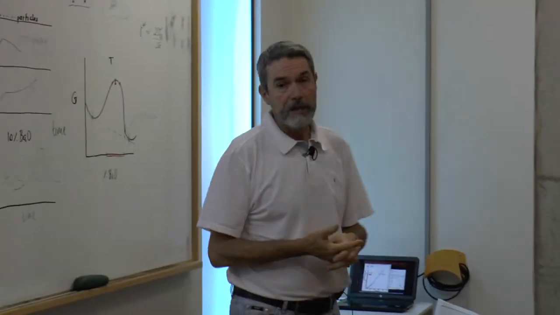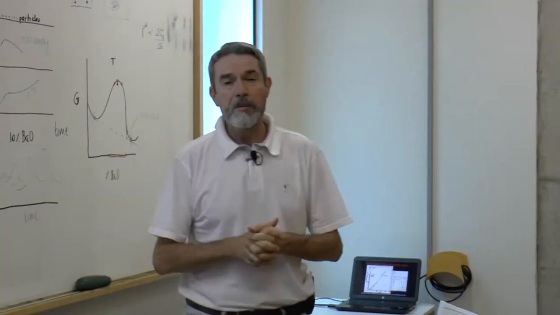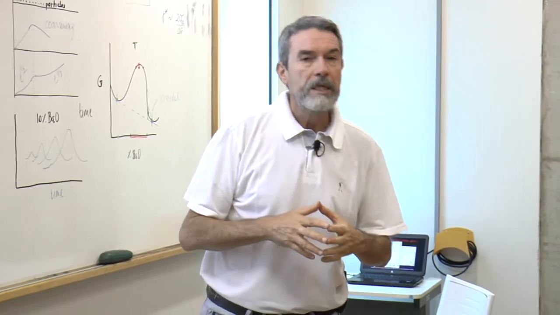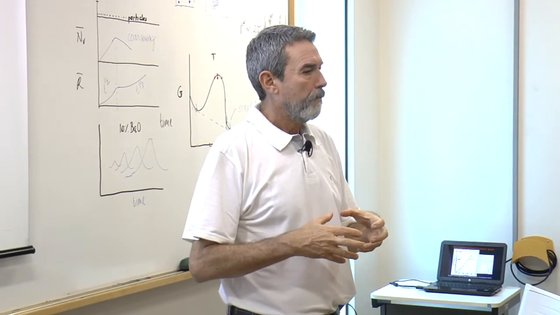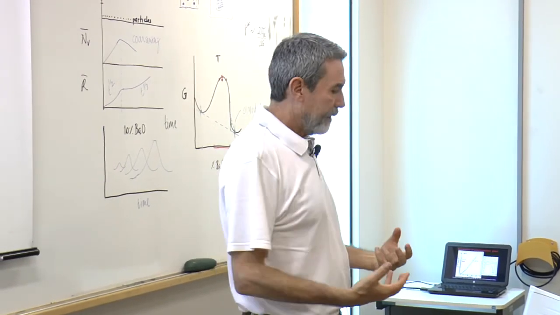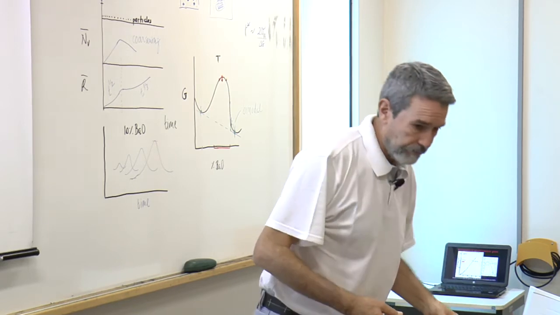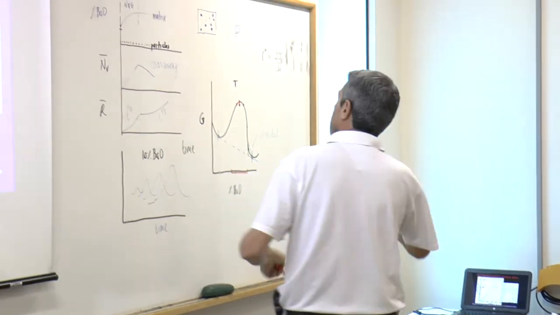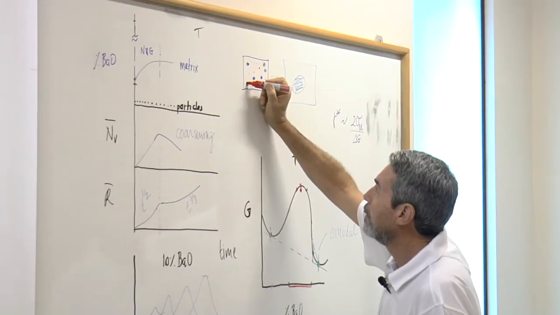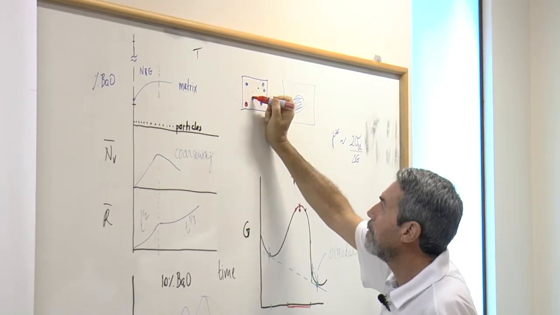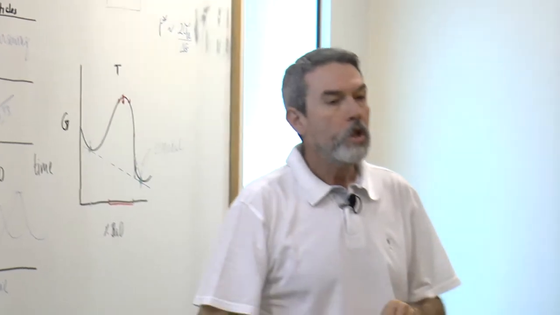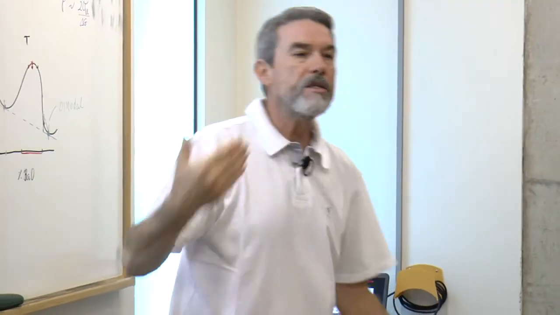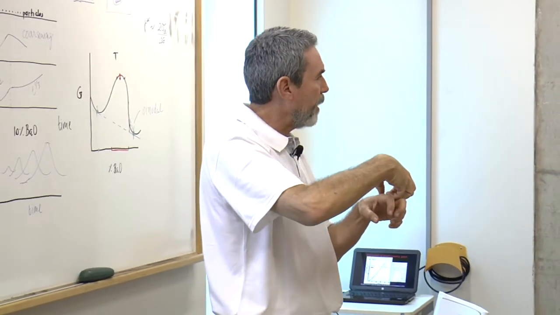And I'm saying that because there has been, and there is still, controversy in the literature. Some people propose that the interfaces of the liquid phase separation droplets could act as heterogeneous nucleation sites for crystal nucleation.